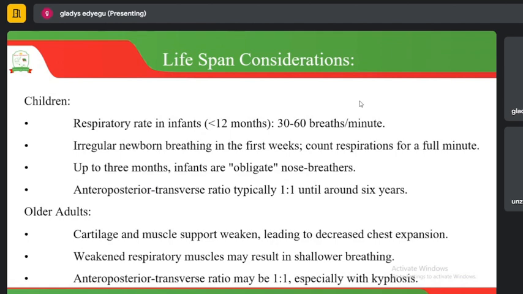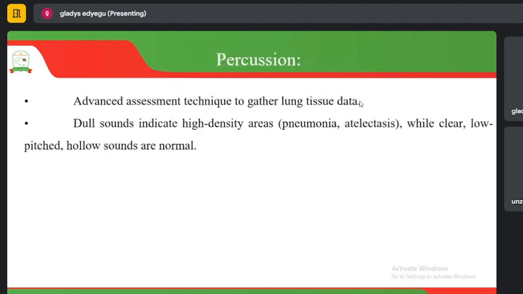Those are some of the things we should put into consideration: when we get these patients, let's not categorize them as having certain conditions when it's basically their age that has contributed to the way they are breathing or carrying out their normal activities.